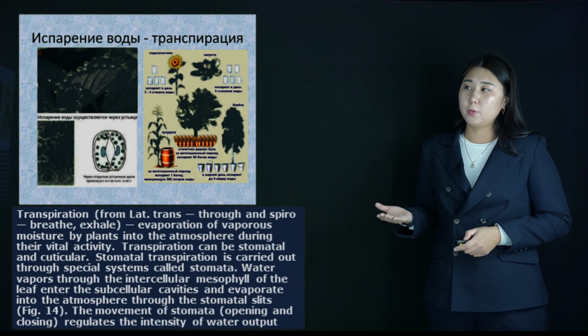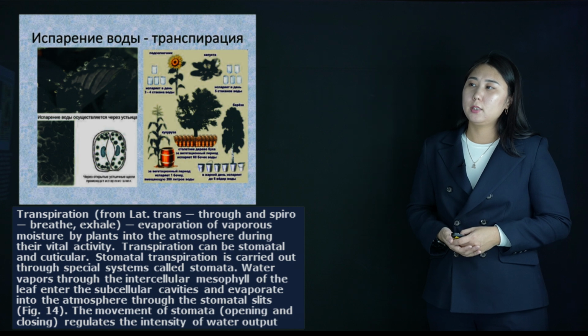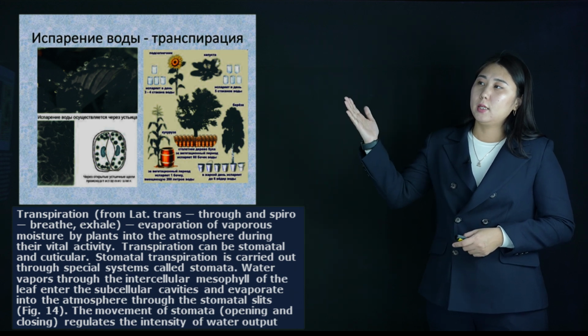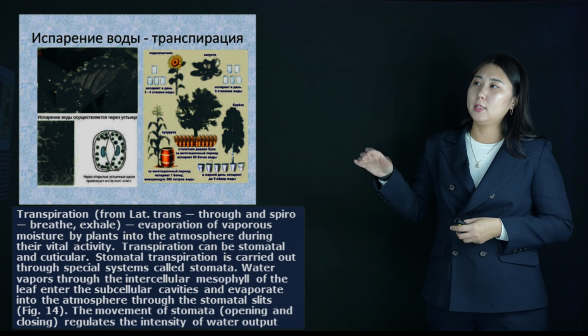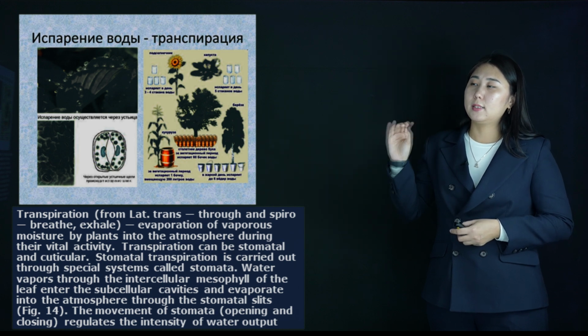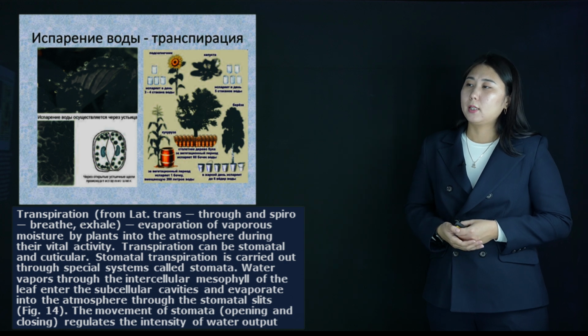What is transpiration? Transpiration is the evaporation of vaporous moisture by plants into the atmosphere during their vital activity. In this picture, you can see how transpiration goes on in the leaf, in the cells of plants. Transpiration can be stomatal and cuticular.